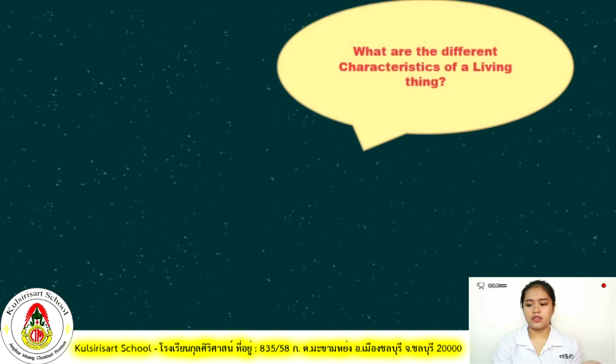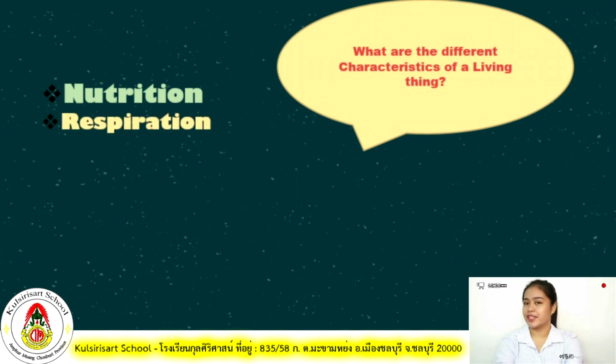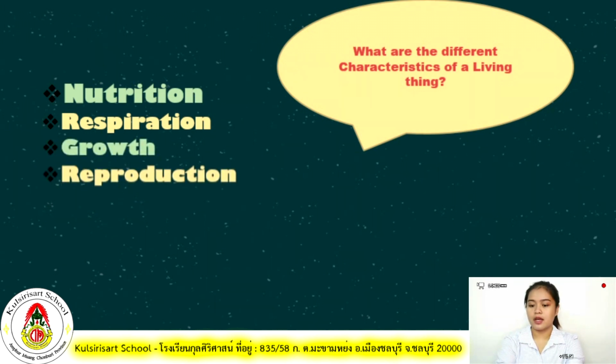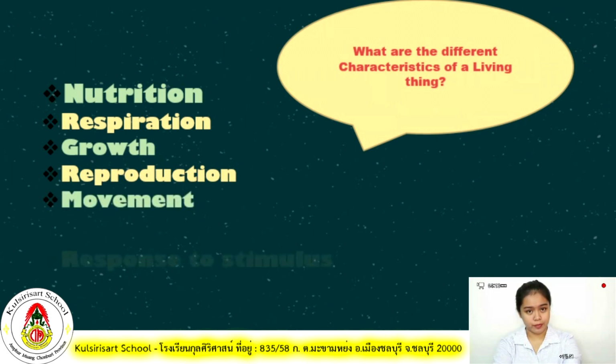What are the different characteristics of a living thing? Do you still remember? Can you give me one? Yes, nutrition. Very good. The other one is respiration. Next one is growth. Next one is reproduction. Next one is movement.